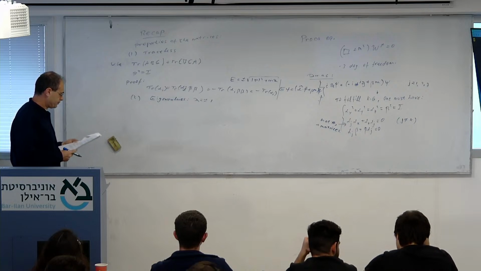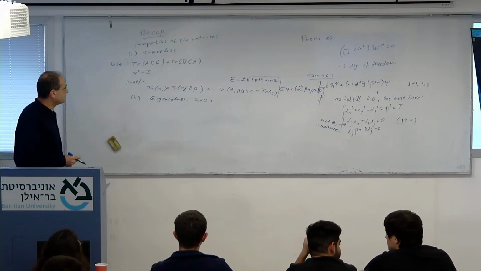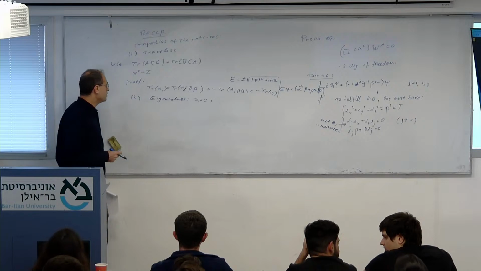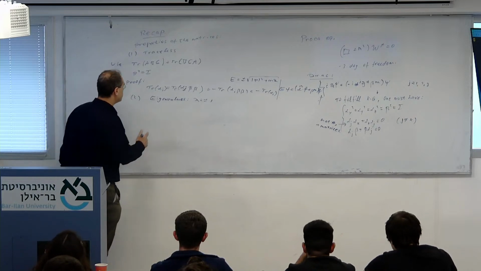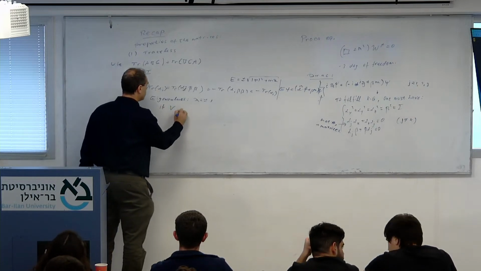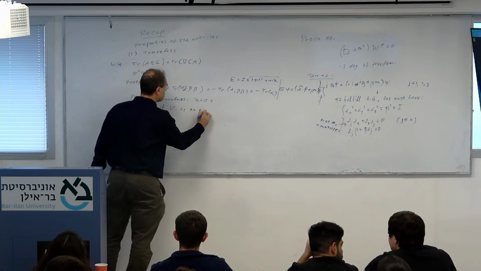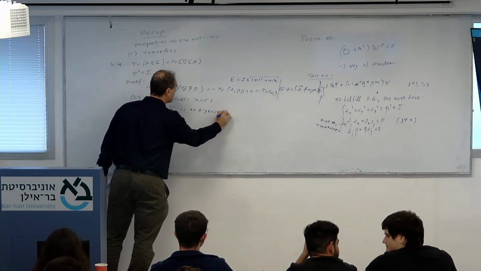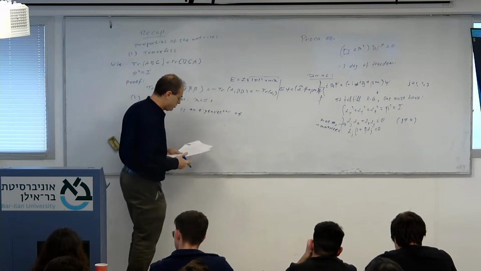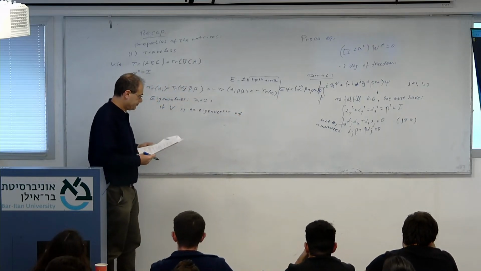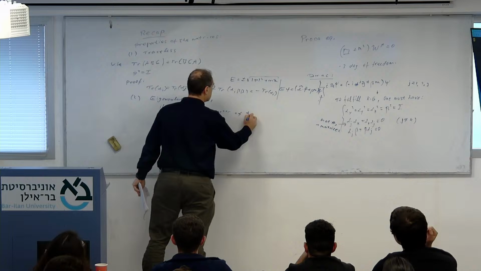Okay. So, eigenvalues. Let's say that V is an eigenvector of alpha i.